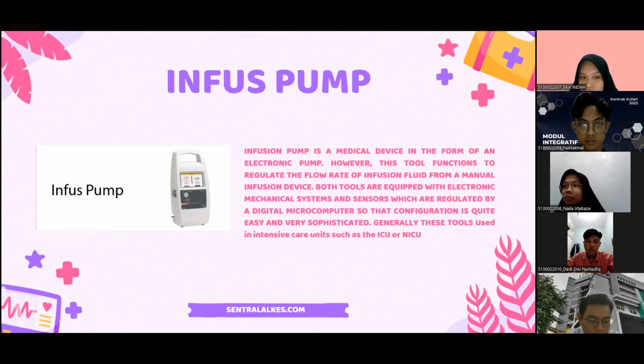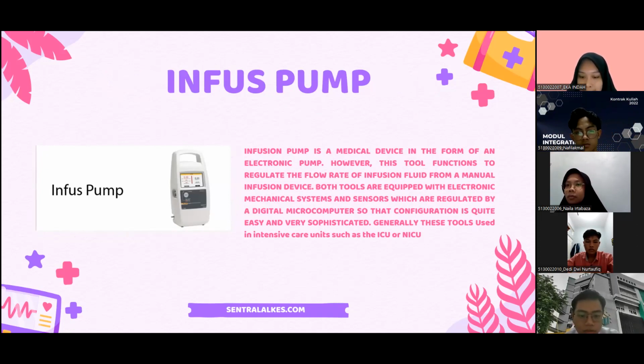Infusion pump. An infusion pump is a medical device in the form of an electronic pump. This tool functions to regulate the flow rate of infusion fluid from a manual infusion device.